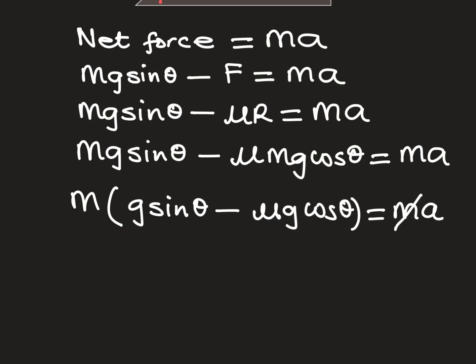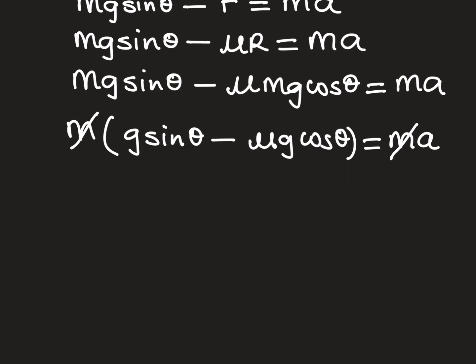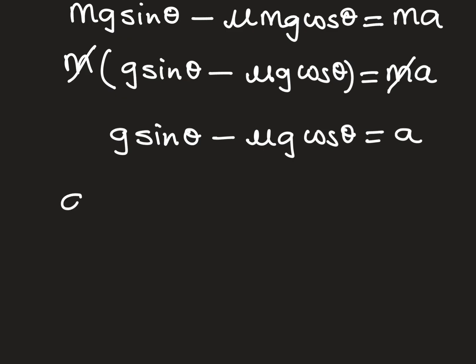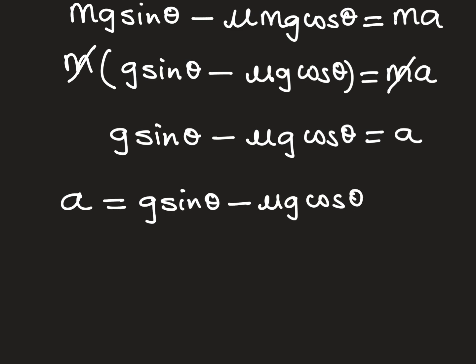I can cancel m. Therefore, acceleration a equals g sin θ minus μg cos θ. If you want, you can factorize g out, or you can just continue solving like that.